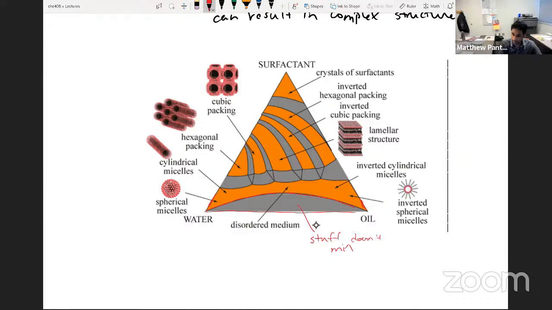At the other end, it's also quite obvious. Up here at the top, this is too much surfactant, right? It's basically pure surfactant. You add a little bit of oil or water to that as you go down from the top corner, and it's just surfactant powder, basically, that's slightly wet.